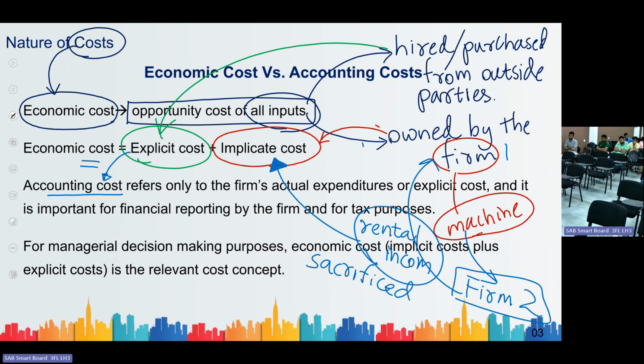Implicit costs are not actual out-of-pocket costs. Instead, they are implied costs. So this foregone rental income is an implied cost of the machine.